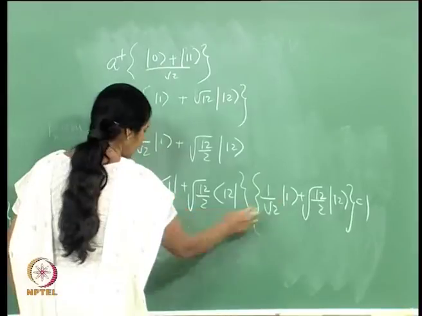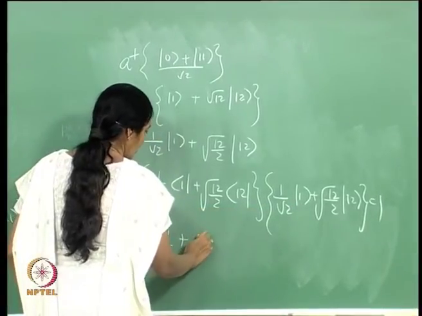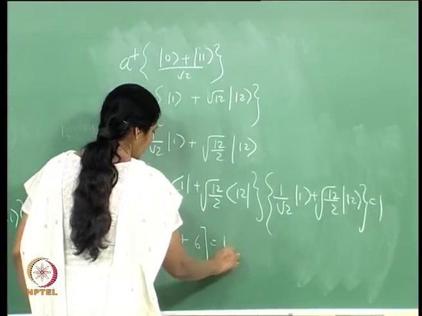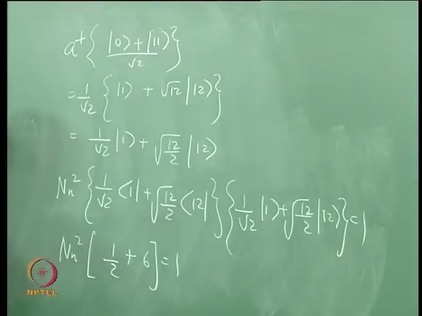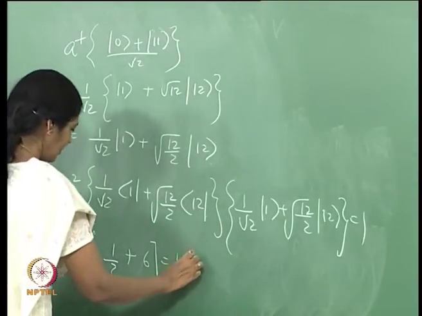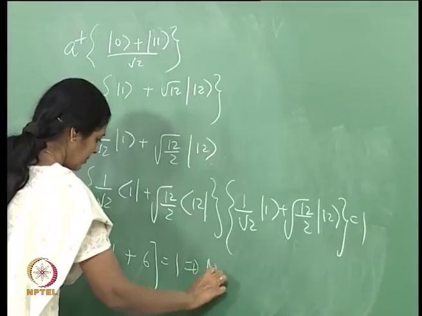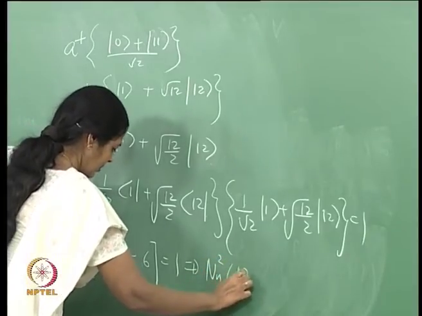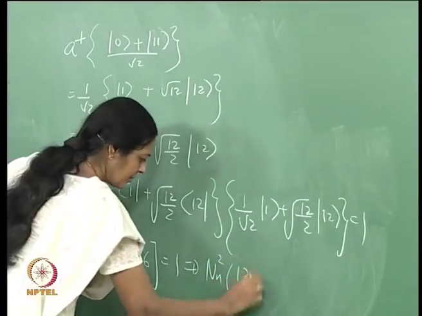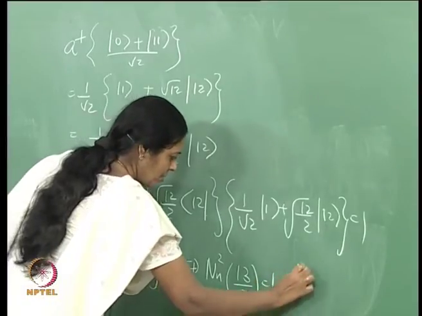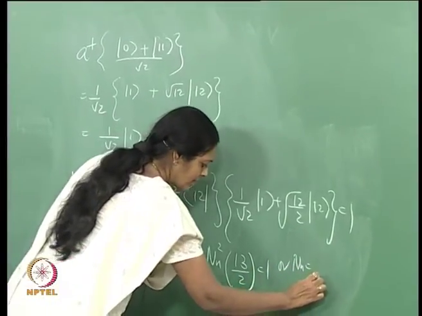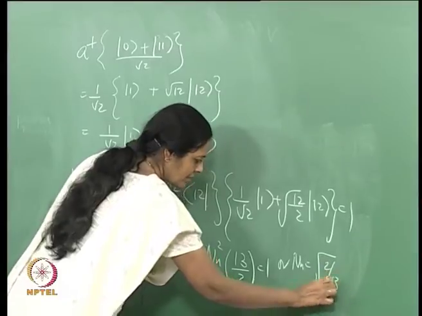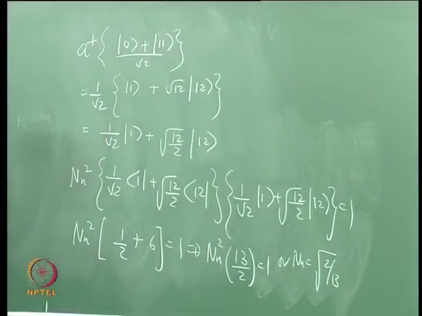Half from here and 6 from there should be 1. Or this normalization is simply root of 2 by 13. This is what I have for the normalization.